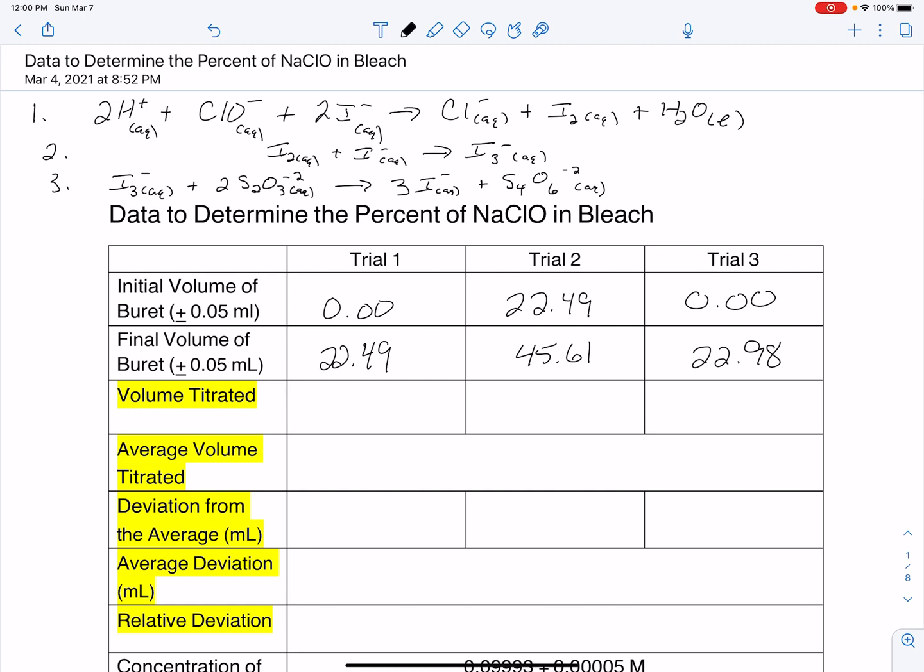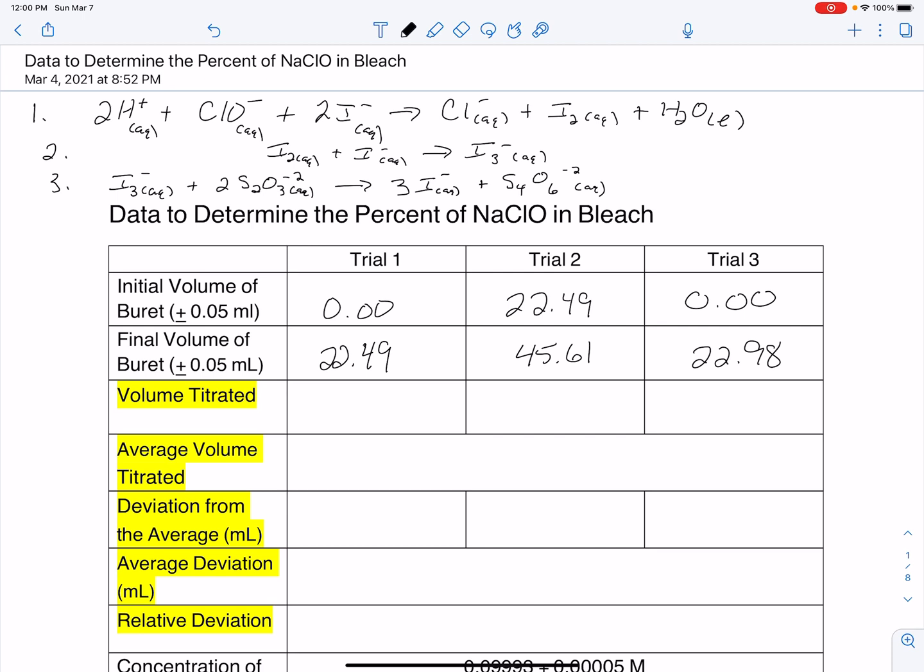Therefore, inside of the flask itself, we have chloride, iodine, and water, and there would be an excess of the iodide, and so that's the second reaction. You'll see the iodine plus the excess iodide forms the triiodide ion.